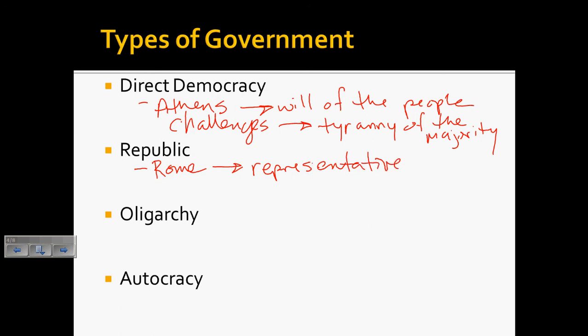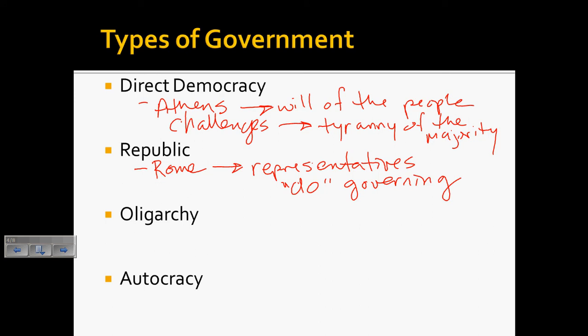Every citizen doesn't have a vote on everything. Instead, these representatives are elected to be our voice within the government. If we look at just these two, perhaps you can see that there are some elements of direct democracy, very few. But when we really look at the story of American government, we're truly looking at a republic. And so that's something that we have to be aware of.